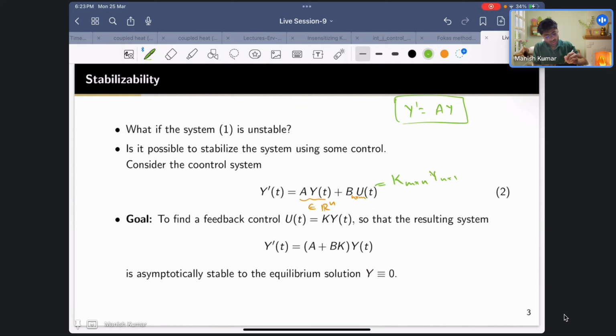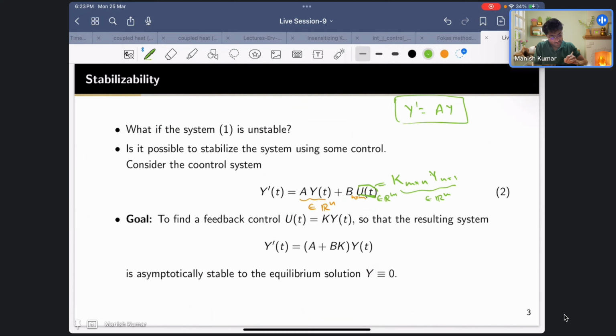Then you can see this is a vector in Rm, where u should belong. So u should be from Rm, right?